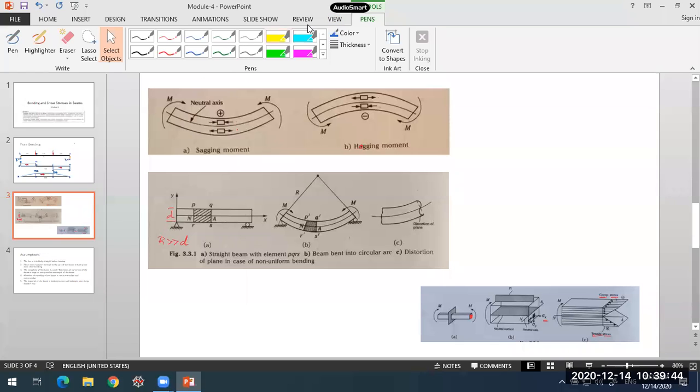Any doubt in this? If you have any doubts in this particular part, because this entire model, these things will form the basis for this.